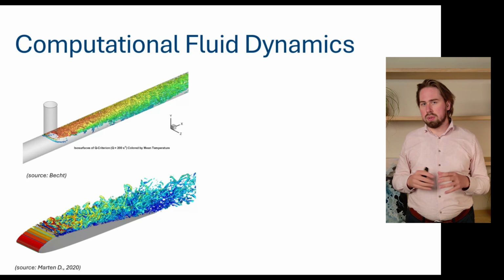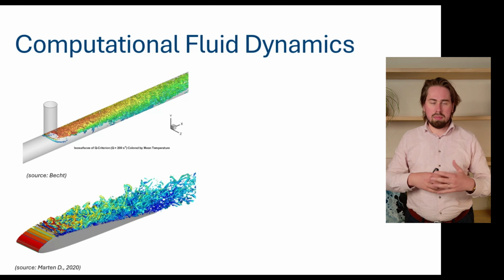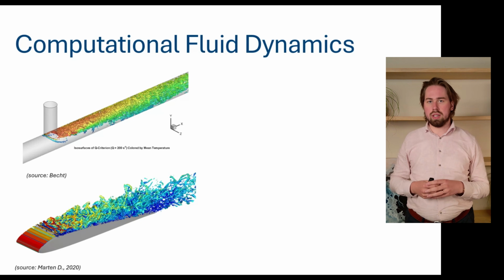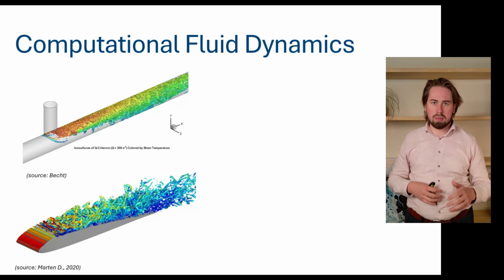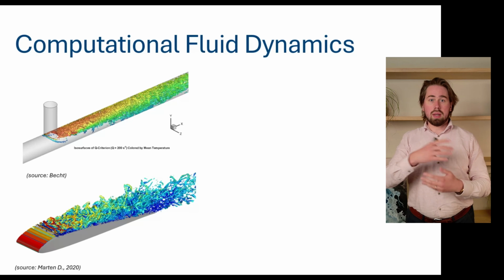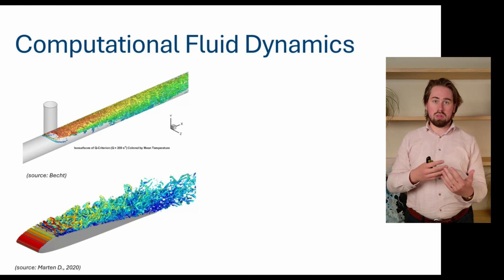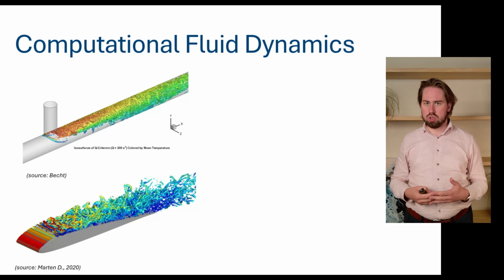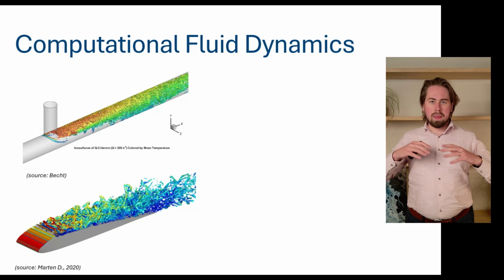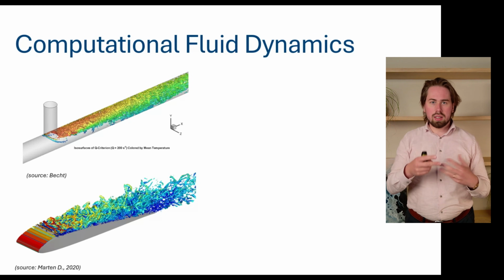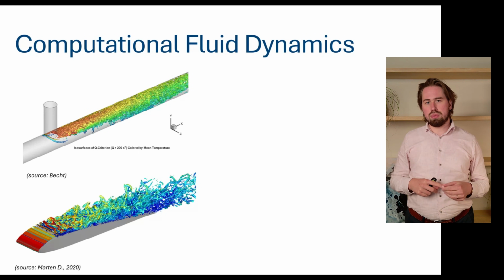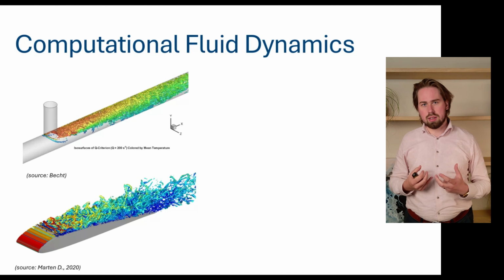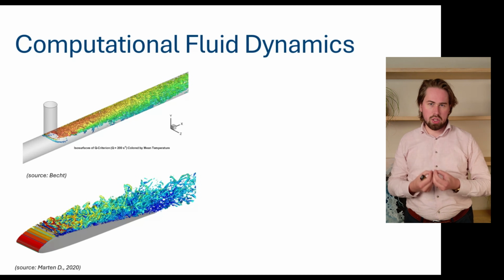Now, computational fluid dynamics, as we said before, is used all over engineering. And we use it to design airplanes, racing cars, but also chemical plants to see how certain flows interact and mix with each other. And there are different ways of modeling in computational fluid dynamics, but the one we are interested in is direct numerical simulation.